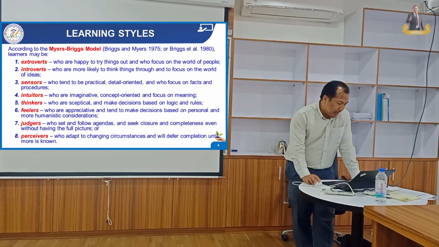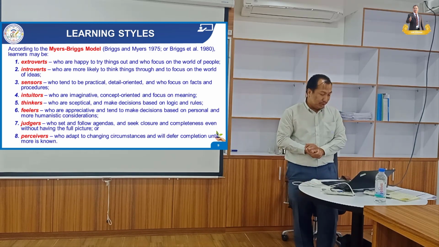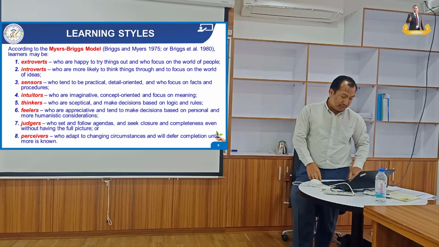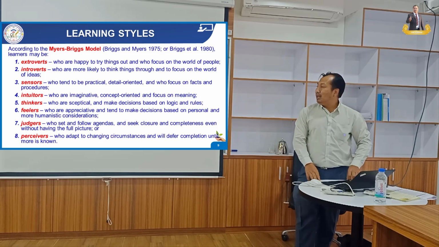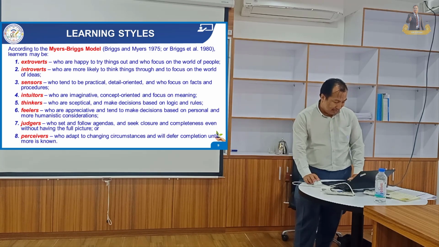And number 6 is feelers, who are appreciative and tend to make decisions based on personal and more humanistic considerations. They just appreciate people, they keep feeling about people, like humanity, right?